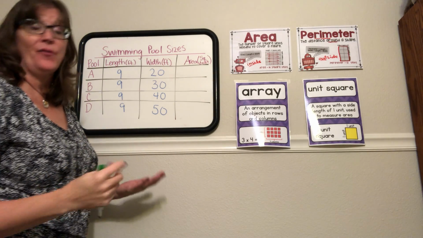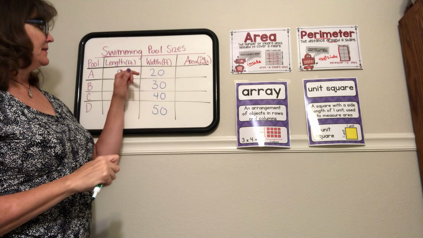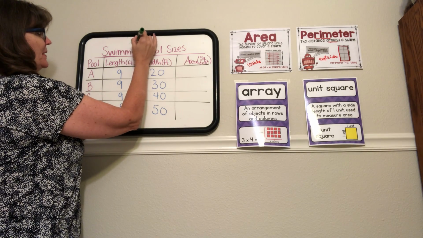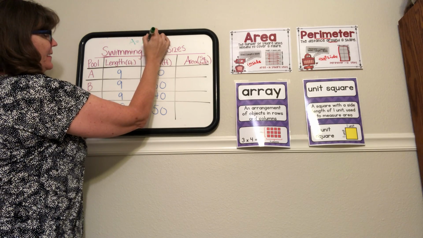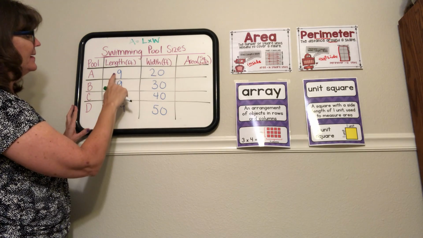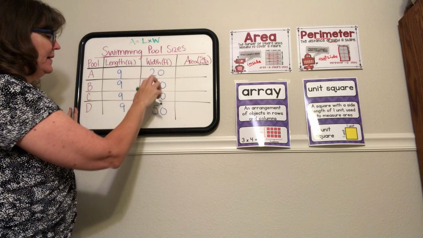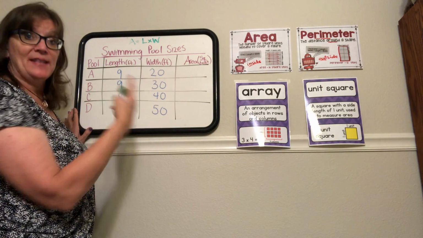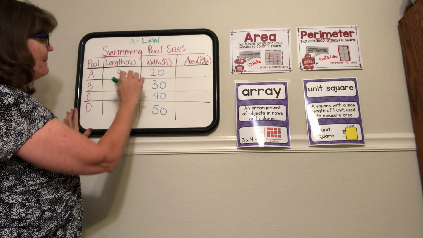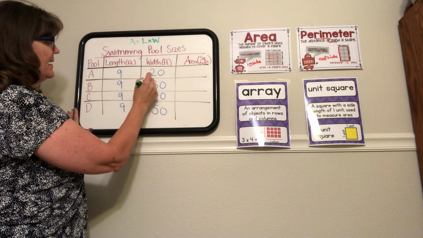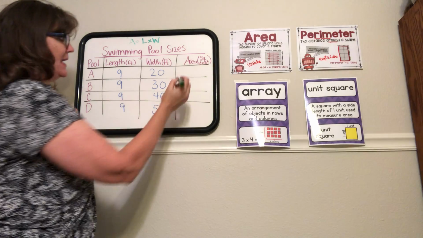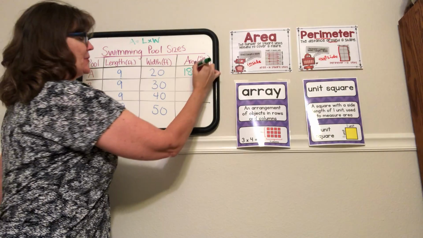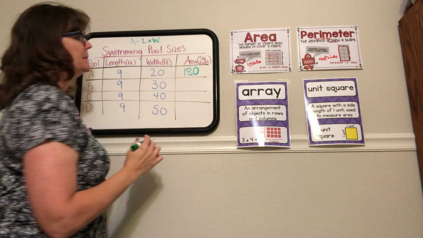Now these, I notice, are all rectangles, and it doesn't show me the shape, it just gives me the numbers. And so I can use the formula, area is length times width. 9 times 20. Now here I'm multiplying by a multiple of 10. So I look at my basic fact. 9 times 2 is 18. But I'm multiplying by a multiple of 10, so I have to add the 0.